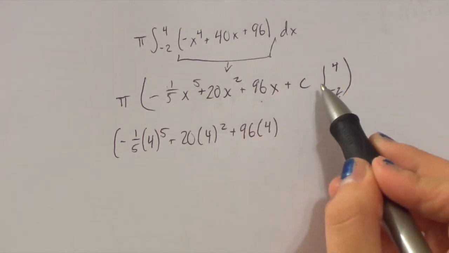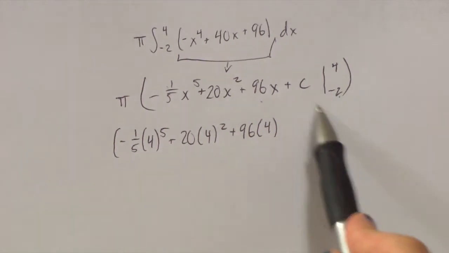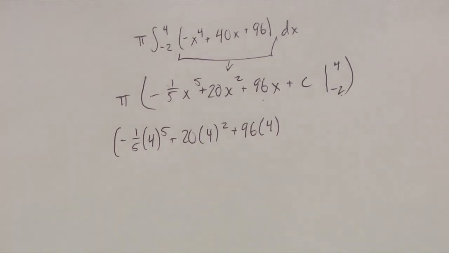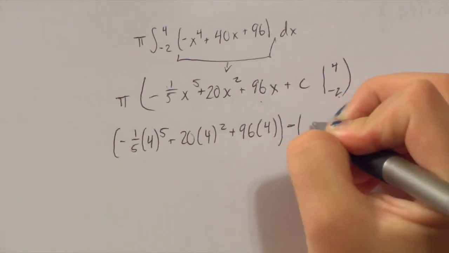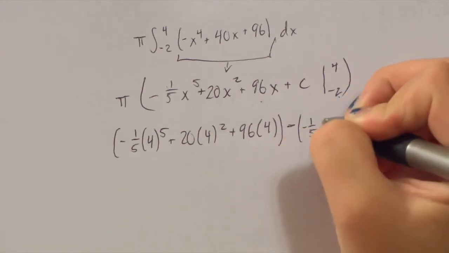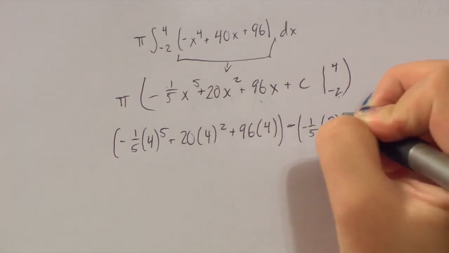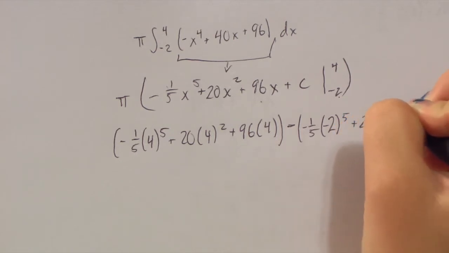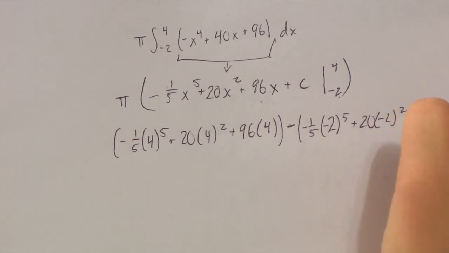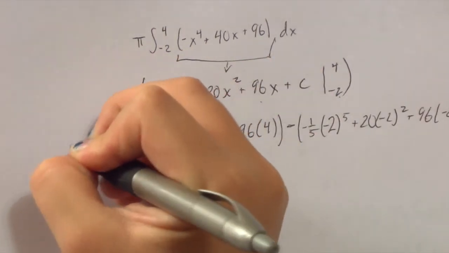And then we don't need to include the c because it'll cancel out with the c from the function with negative 2. So once we have this, we subtract it from negative 1/5 times negative 2 to the 5th plus 20 times negative 2 squared plus 96 times negative 2. And then we multiply this all by pi.